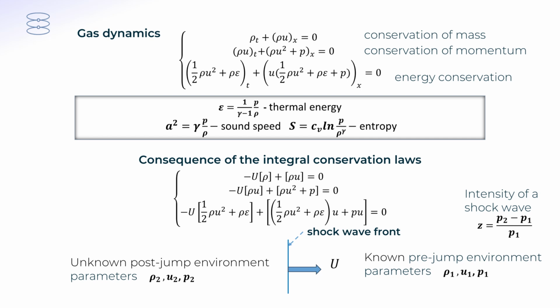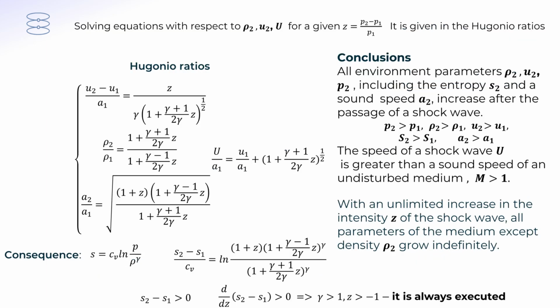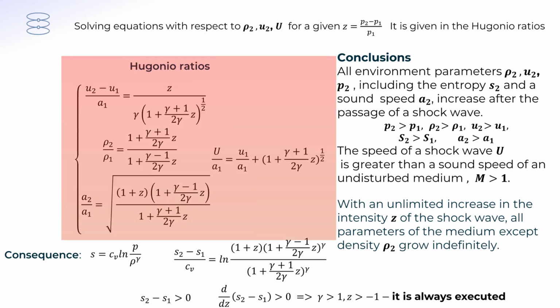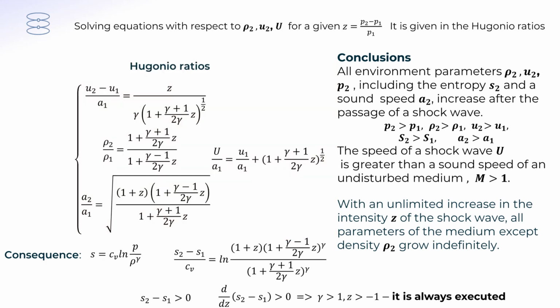Solving these equations to determine all three parameters, rho, u, and p, we obtain the so-called Hugoniot relations. These describe the parameters after the shock wave if you know the parameters before the shock wave. So this is the velocity of particle propagation.